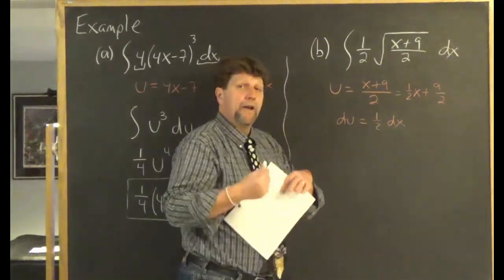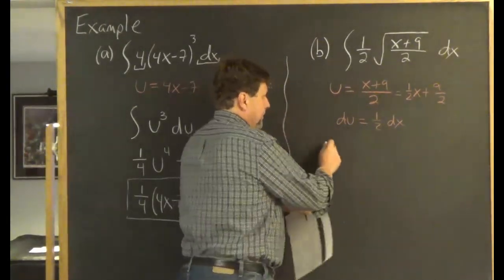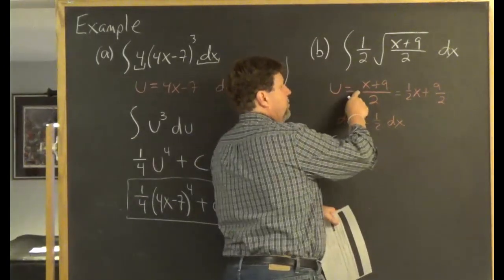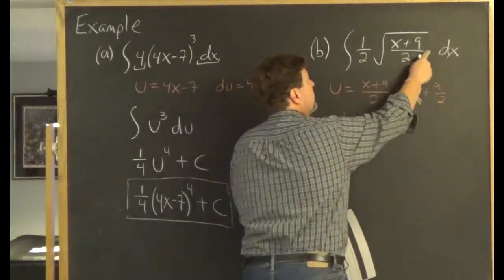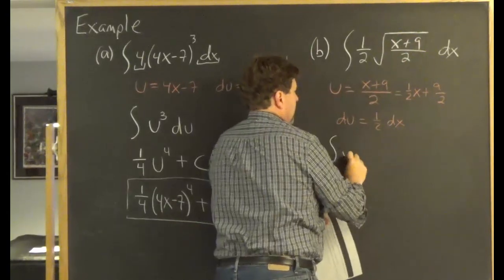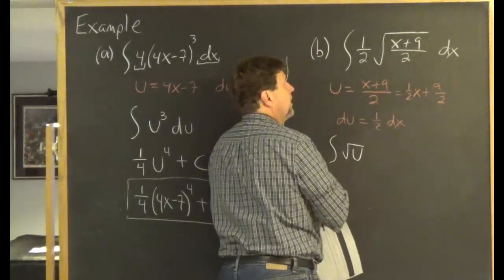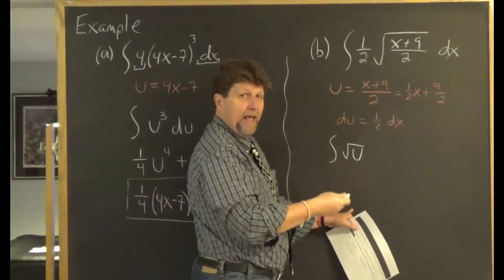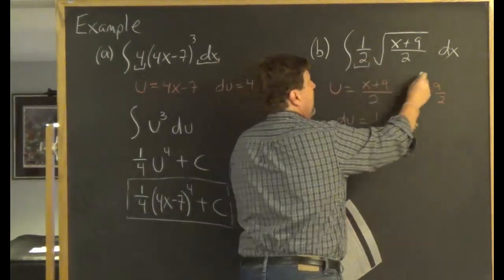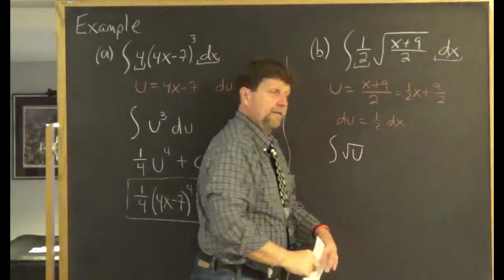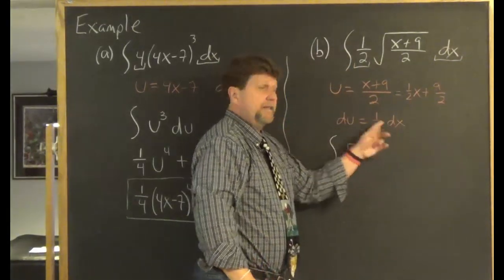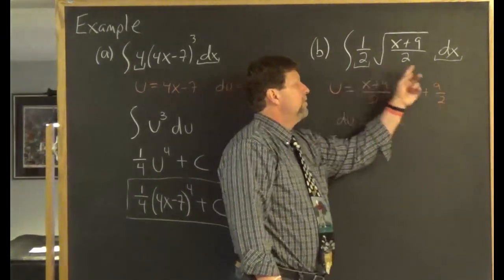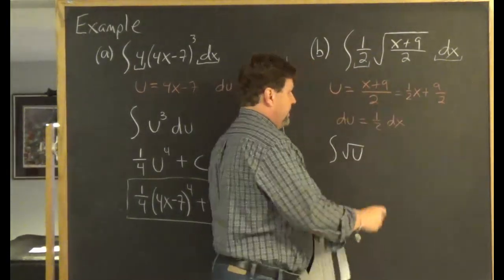All right, so now I go through the process of substituting. I always do my u sub first. So u is x plus 9 over 2, so there's u. So I have square root u, and then I look at the original integral and see what do I still have left. Well, I have a 1/2 dx. Well, 1/2 dx is du. So I'm substituting du in for the 1/2 dx.